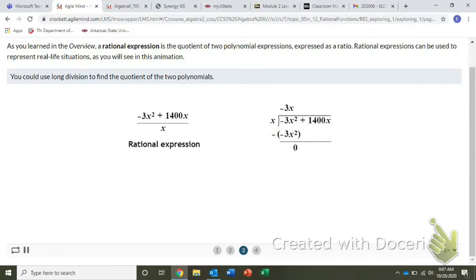So you're left with 0, and then guess what they're going to do? They're going to bring down that 1400x, and they're going to say x goes into 1400x, 1400 times. They're going to multiply, and they are going to be left with what? Nothing. That's right. They're going to be left with nothing. So they have a remainder of 0.